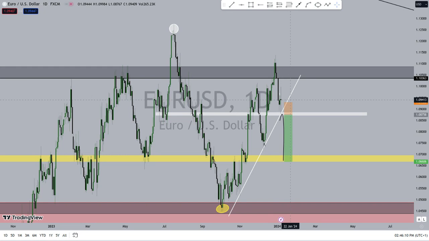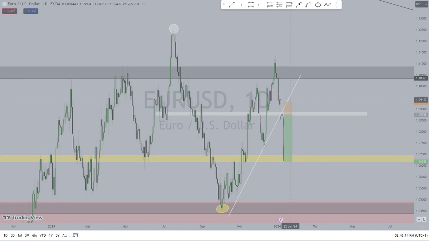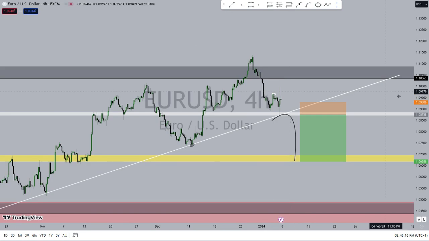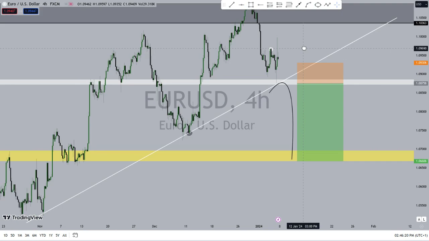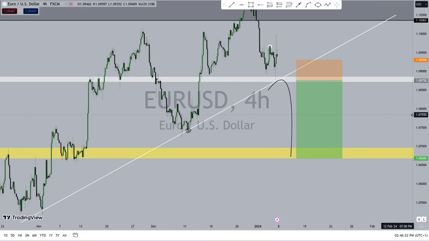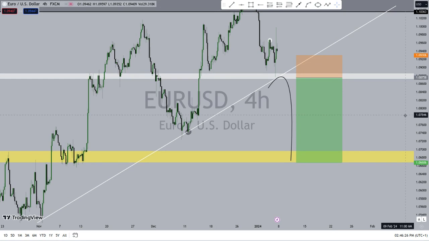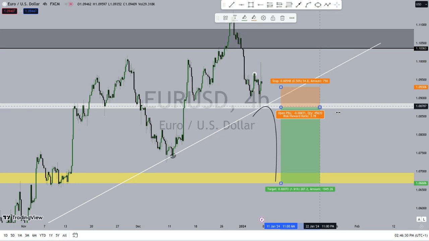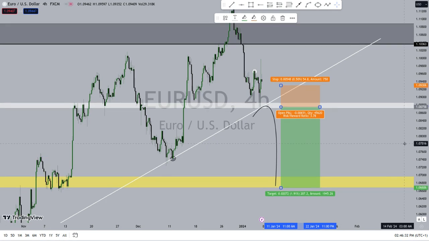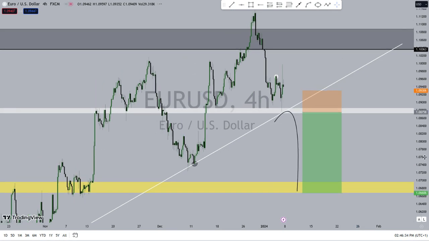But on Euro USD, if we go to the 4 hour time frame, you can see things clearly here.